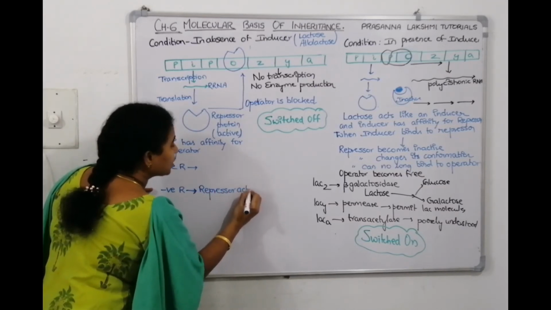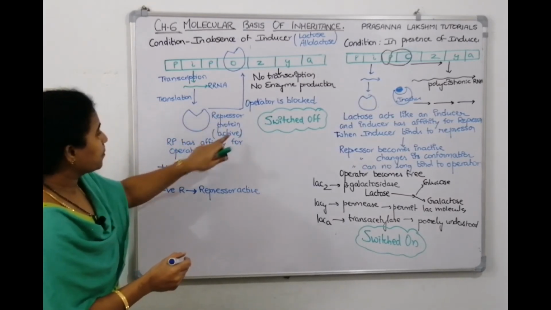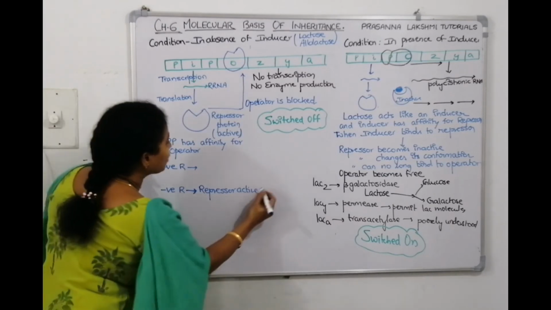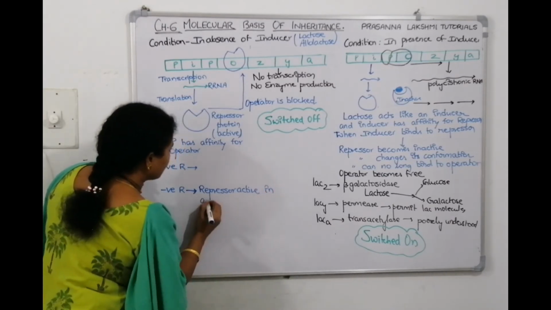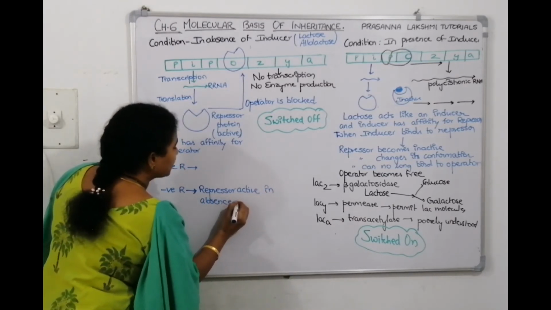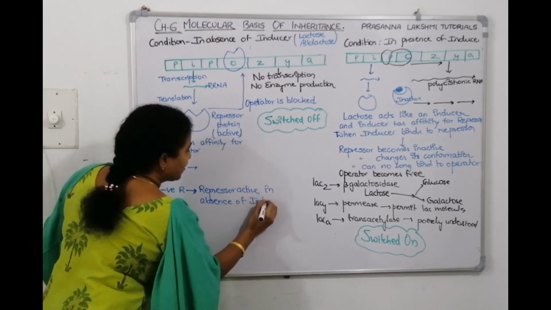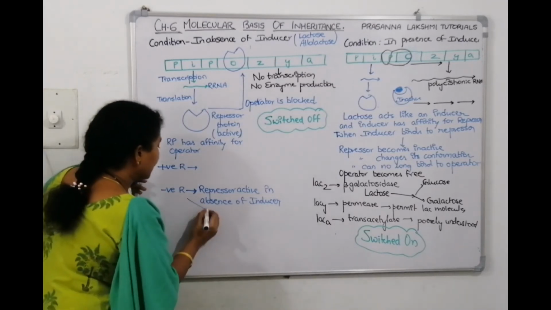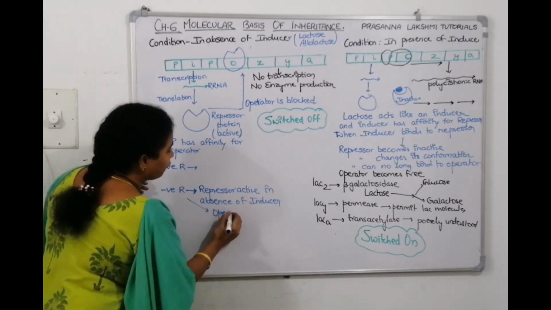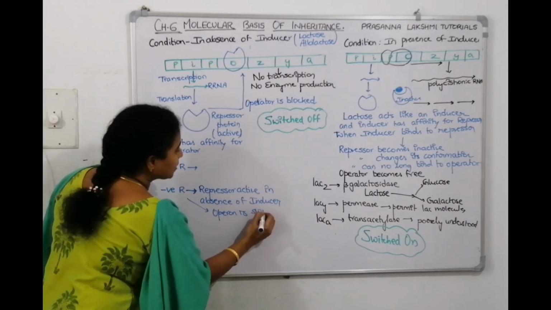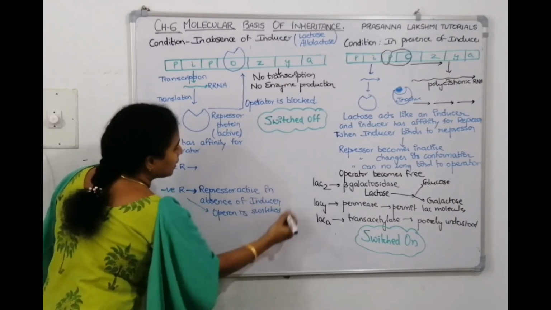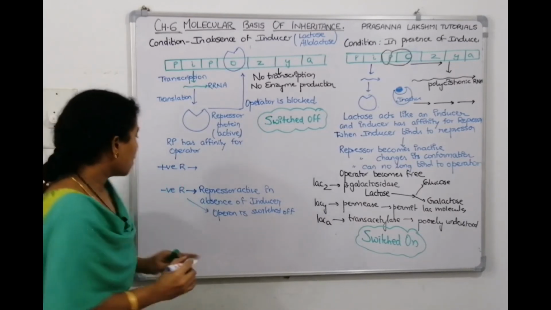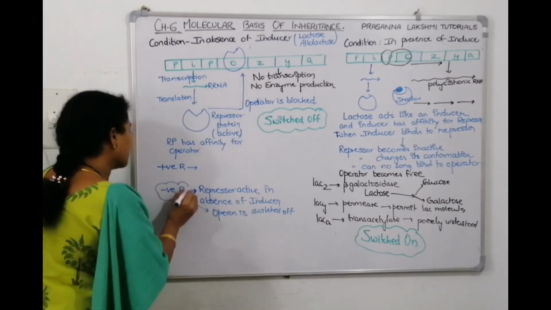When is it active? In the absence of inducer. So the repressor protein is active in the absence of inducer, and then we tell that the operon is switched off. That's what we wrote. It is switched off. Now this regulation where it is stopped is called negative regulation.